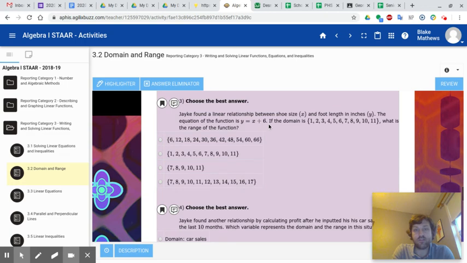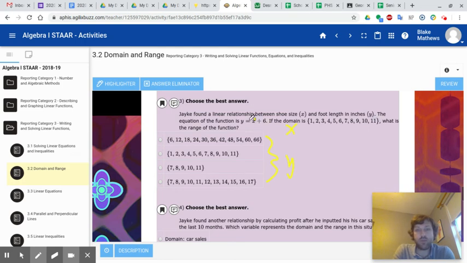The domain is 1, 2, 3, 4, 5, 6, 7, 8, 9, 10, 11. Those are all the x's. The domain is the x's, and they want to know which of these is the y value.